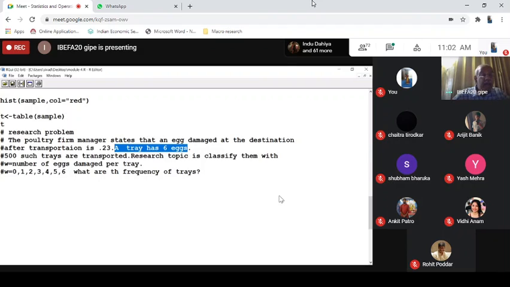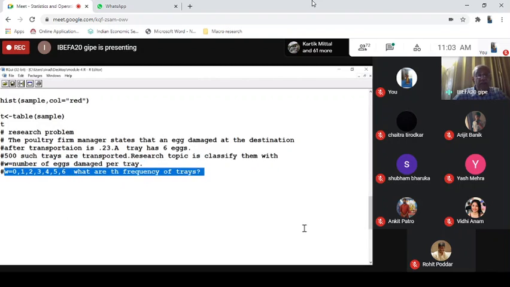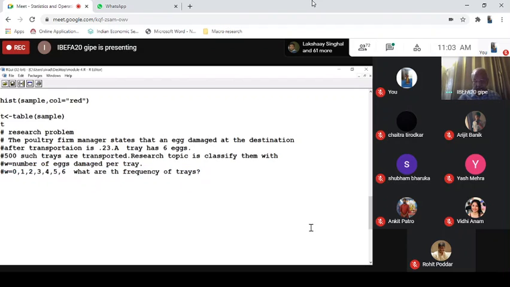One egg damaged, probability 0.23. Such 500 trays are transported. Classify them. That means this is what my research area.